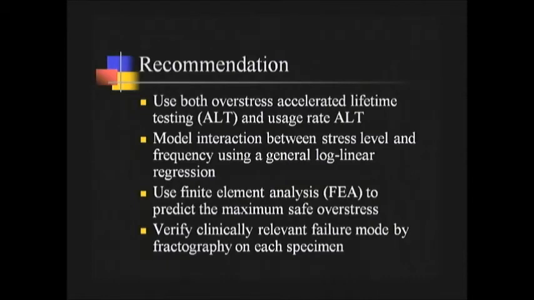And then be sure to use a finite element analysis to predict the stress distribution in the component, and make sure if you're testing material which can fatigue at some level, that no part of the specimen is exceeding the fatigue limit, because probably in the clinical case we're not exceeding the fatigue limit, and we want to keep it clinically relevant.